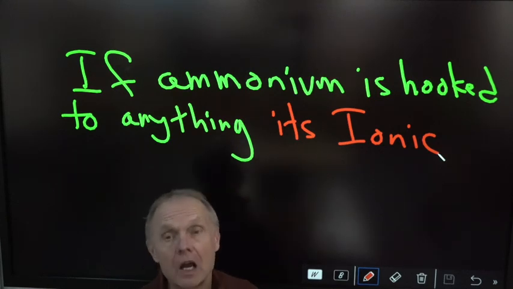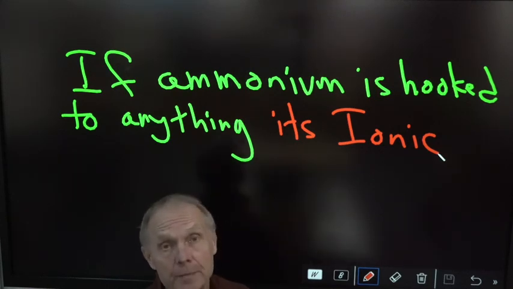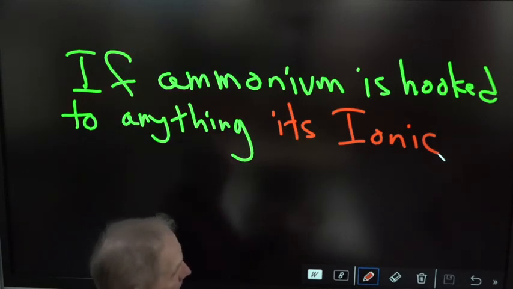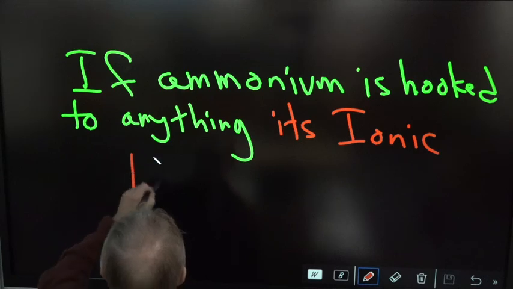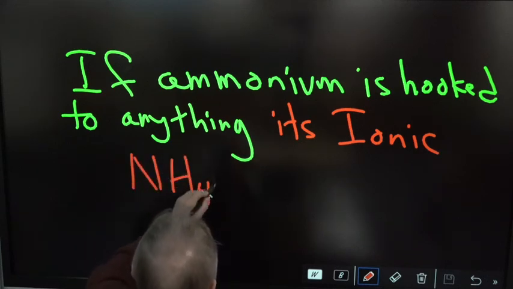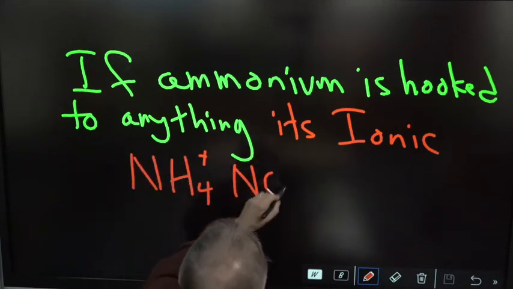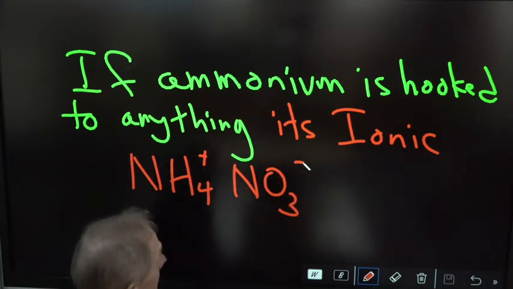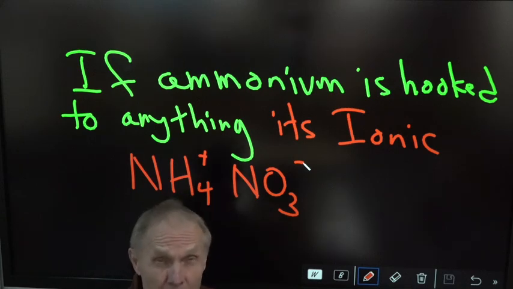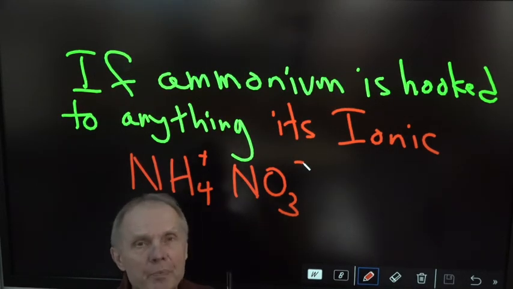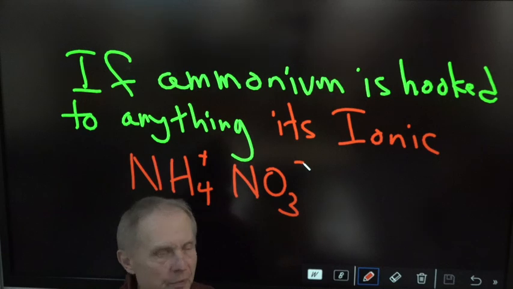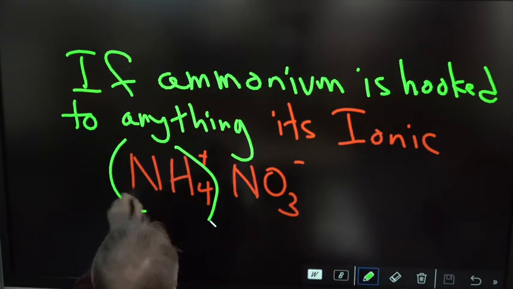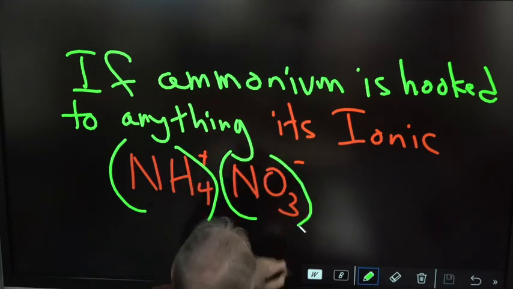And it looks like a crystalline solid, which ionic bonds are. So we're just going to do one. The most important one you have to know is this one. Now, I tell my kids, if you detect a polyatomic ion, put parentheses around it if you want to name it properly. So here is ammonium, and here is nitrate.